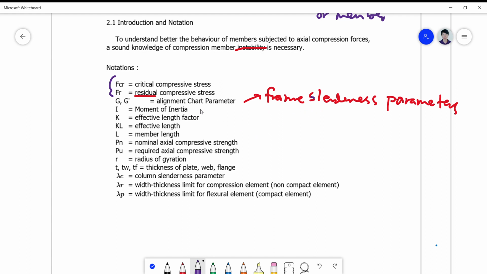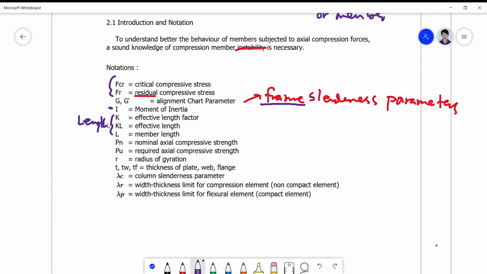So when we talk of G and G prime, we will be talking of the frame as a whole and not just the member itself. I has something to do with the property of the member. Okay, so L and L are considering the length in terms of the effective and the nominal length.